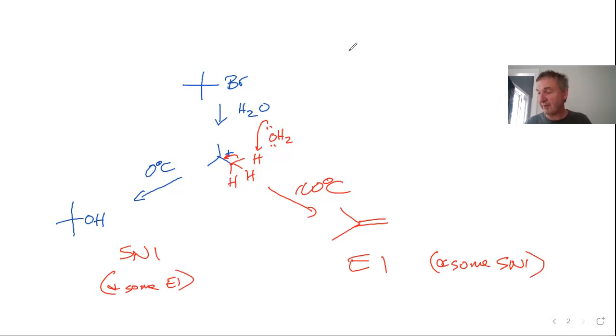But I could drive it to product by heating it and getting mostly elimination. So people will tend to say SN1, E1 type reactions. And that's the first thing I want you to hear. So be aware of what we're talking about. Tertiary substrate, weak nucleophile, protic solvent, temperature dependent, SN1, E1.